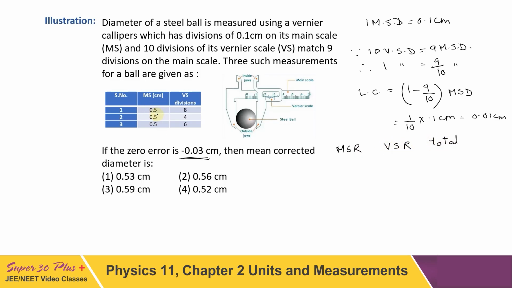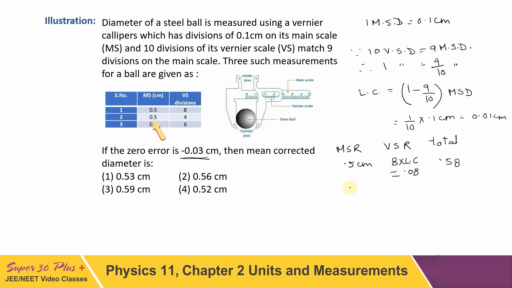Main scale is 0.5. Its value is given directly in centimeter. So 0.5 centimeter. Vernier scale division is 8. Always the vernier scale division has to be multiplied with the least count to get the vernier scale reading. So that would be 0.08. Now if you add these two, this will be 0.58.